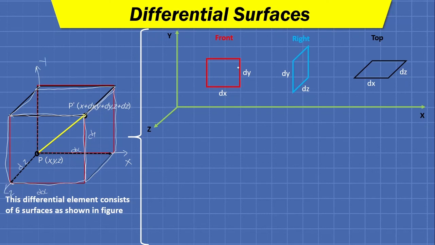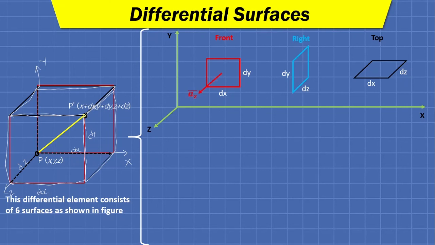Fine. So height of this front surface will be dy. Similarly, we can show the length of sides for right surface by dy height and dz depth, and top surface will have the length dx and depth dz.